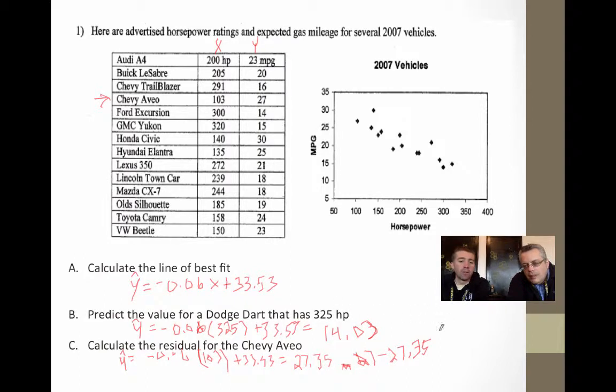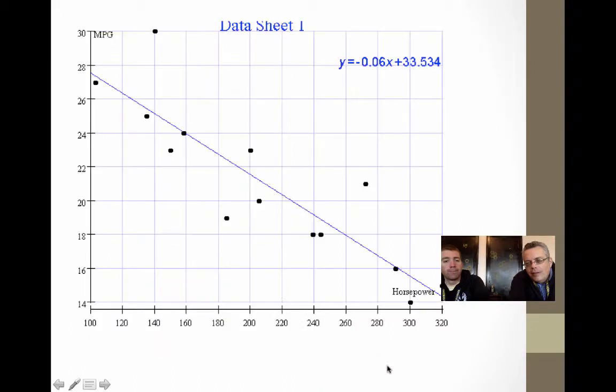You get negative 0.35. So a negative residual means that it was below the line, so the actual value was less than the predicted. All right, so we got to know that formula.